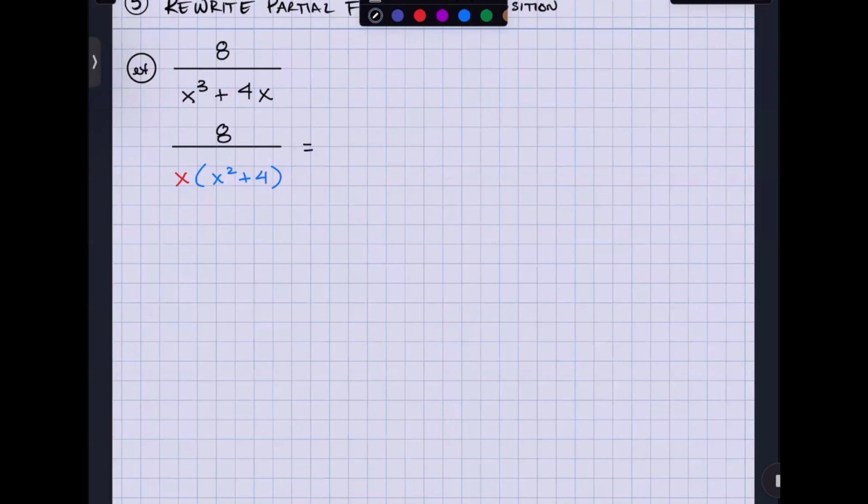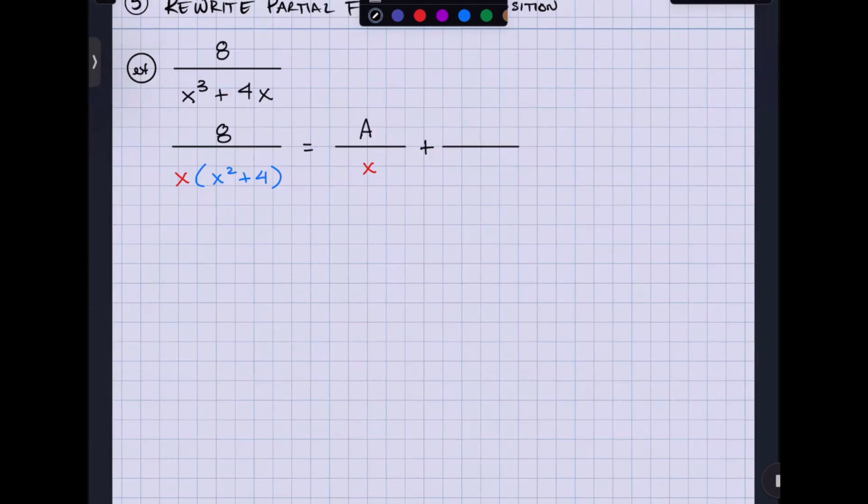So I'm going to write the first one as a over x. You guys see where the x came from? Then I'm going to add to that.